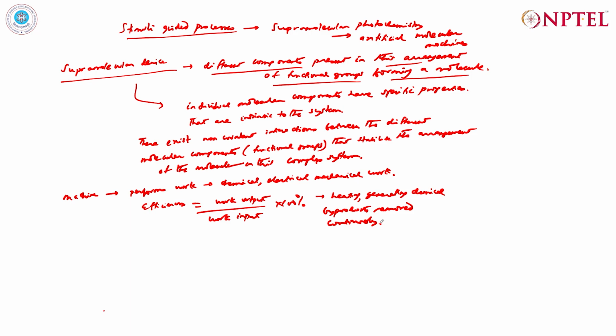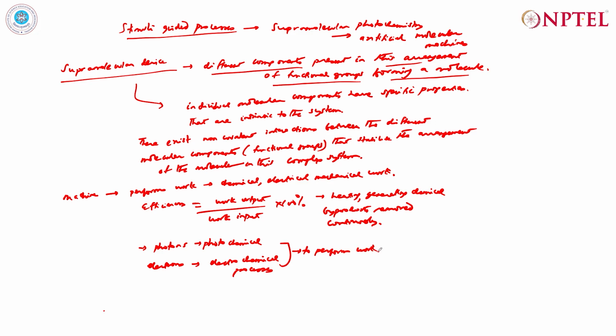So instead of employing chemical energy, it will be nice if we can employ photons, that is photochemical processes, or we can employ electrons, that is electrochemical processes, to perform work.